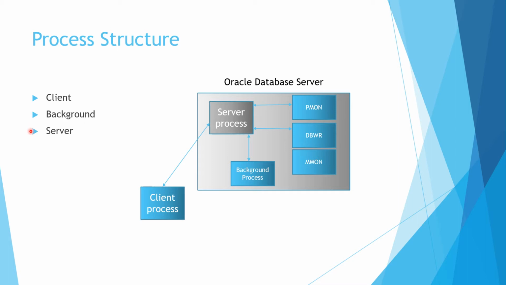Server processes communicate with the database processes to complete client requests. In a dedicated server, each server process exists as a separate OS process, which performs the client requested work. In a shared server, one process may serve more than one client process.